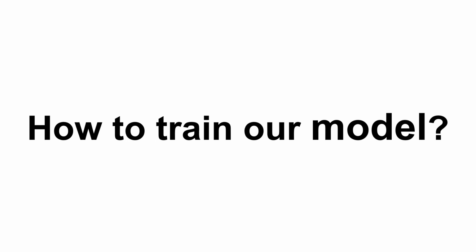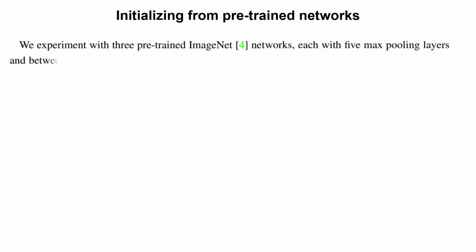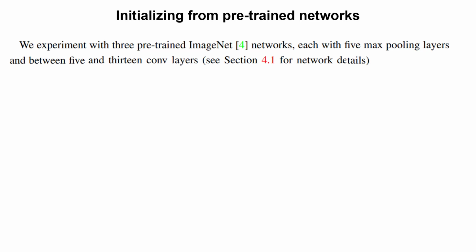The first question we might ask ourselves is how can we train such a model? For training this model, we should first be wondering about the CNN modules used in the architecture and the exact way used in the paper. According to the paper, they experimented with pre-trained ImageNet networks, each with 5 max pooling layers and between 5 and 13 conv layers.